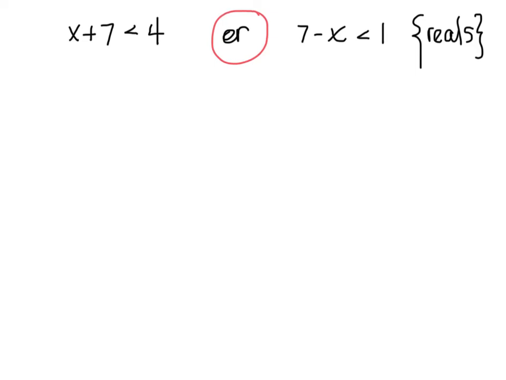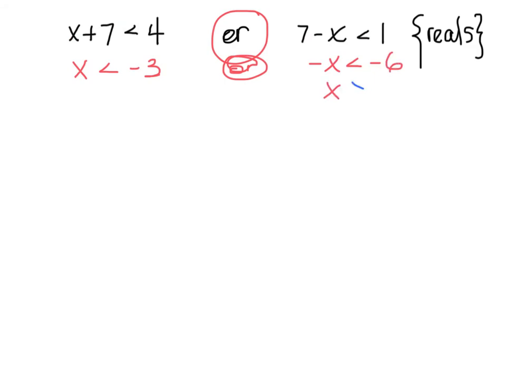So what that means is I want values of x that will give me something that's less than 4. X, that value plus 7 will give me something less than 4, and 7 minus that value will give me something less than 1. Let's go ahead and solve these. This is going to give me x is less than -3, or I'm going to subtract the 7 and divide by a negative.